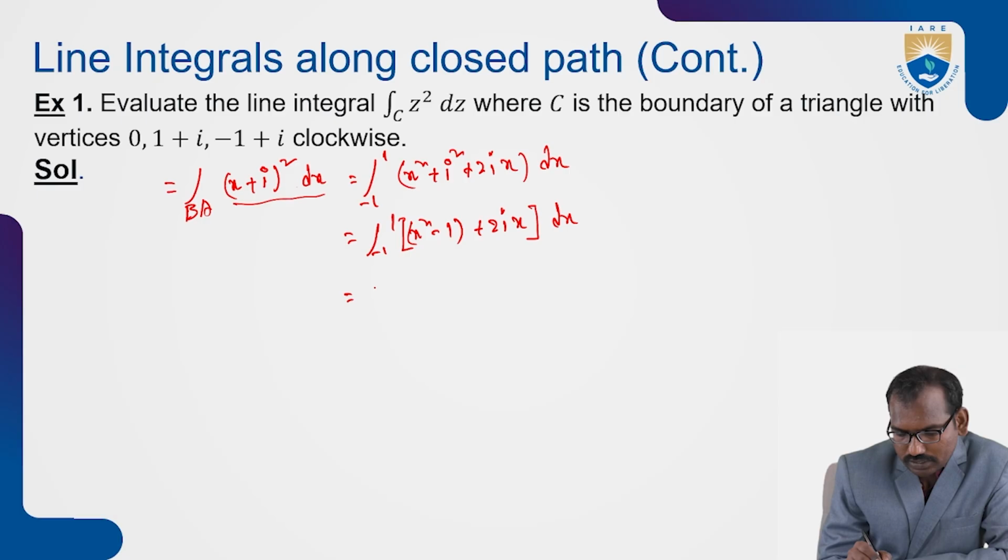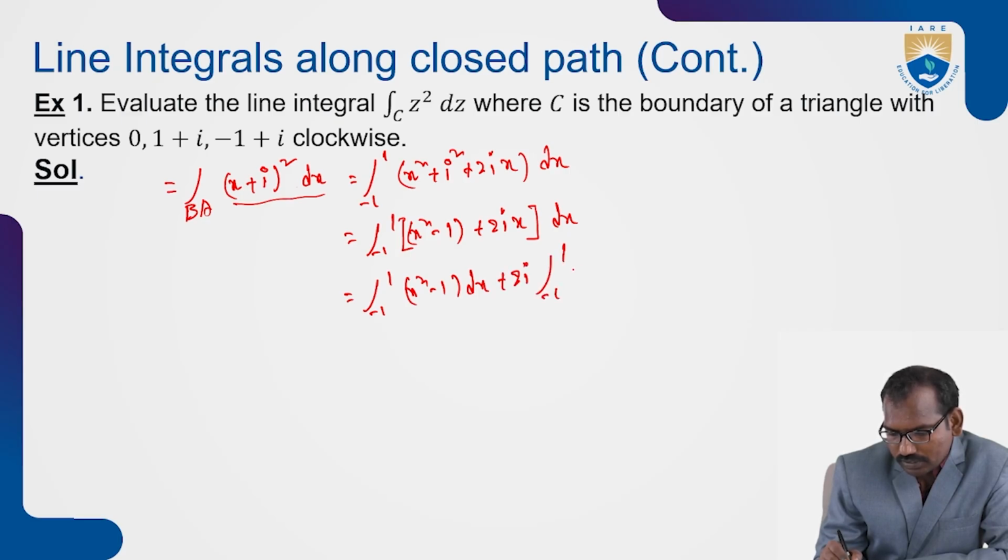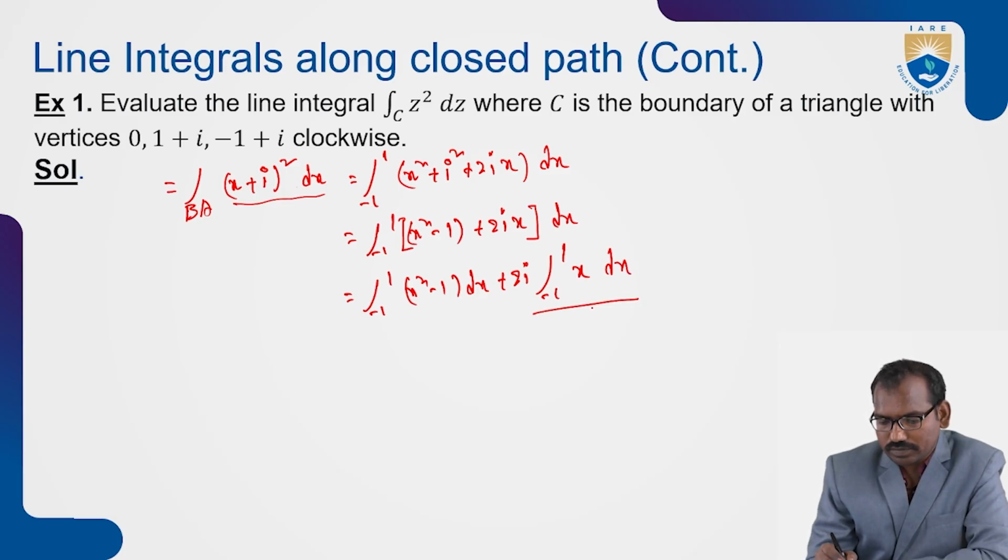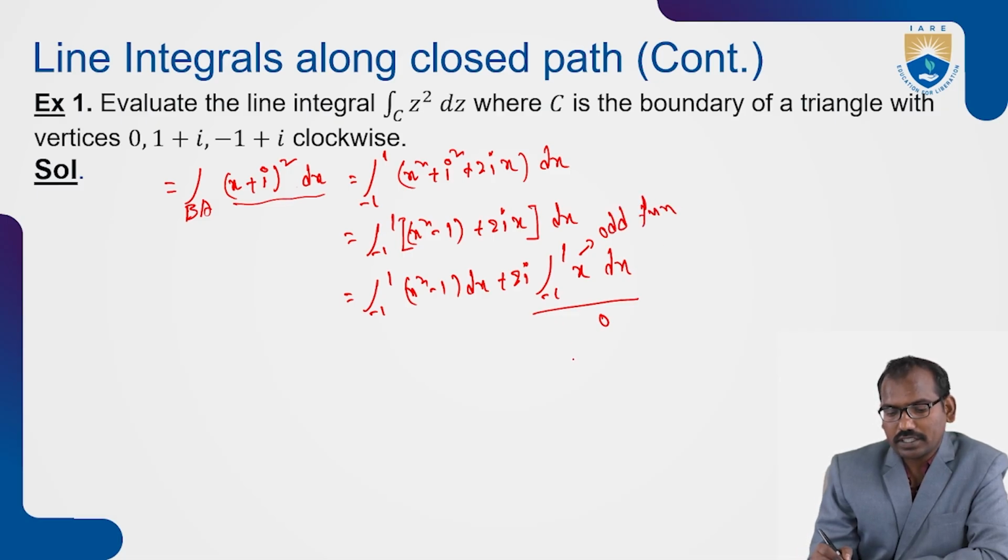This is integration from minus 1 to 1 of x square minus 1 dx, plus 2i integration from minus 1 to 1 of x dx. This integral value is 0 because the integrand is an odd function. Okay, that's why this integral value will be 0.